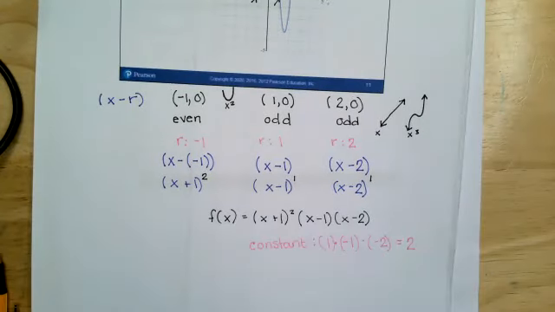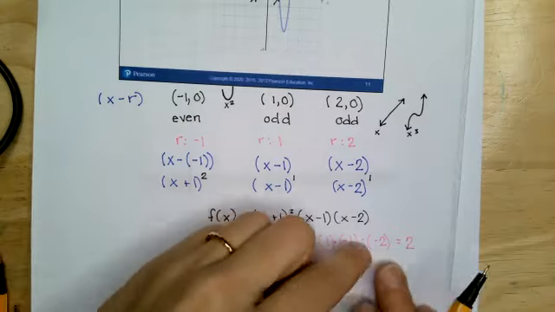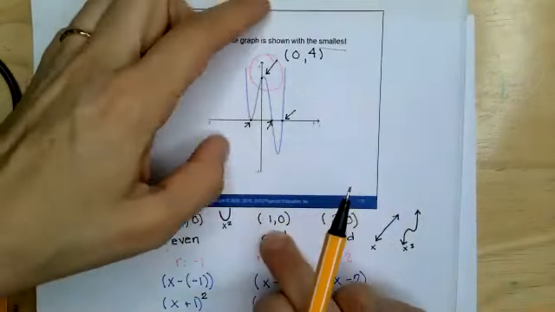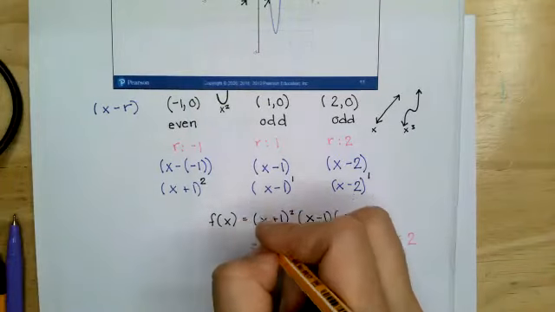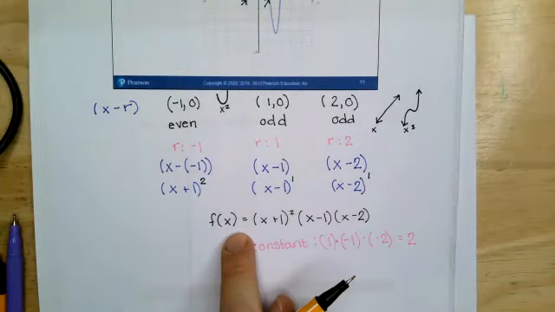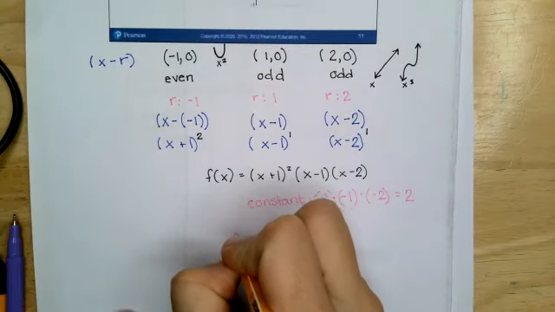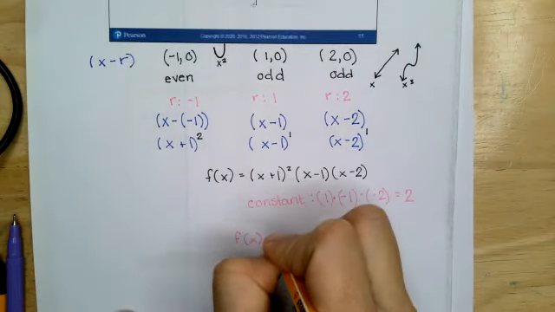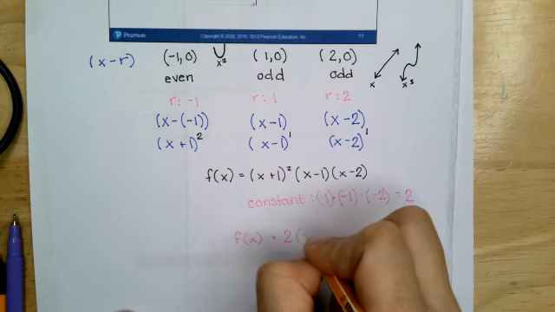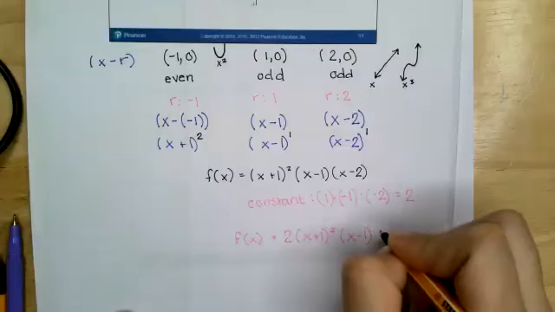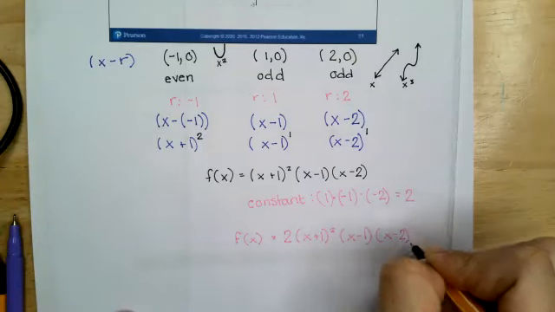So what you want to do is stretch this out. Remember last unit when we added vertical stretches into our graph? You can put a 2 in front of all of this, then everything gets multiplied by 2. And our final answer is f of x equals 2 times (x plus 1) squared times (x minus 1) times (x minus 2).